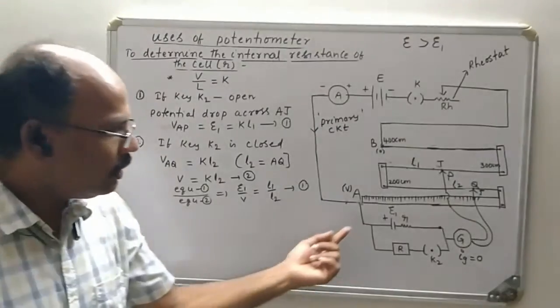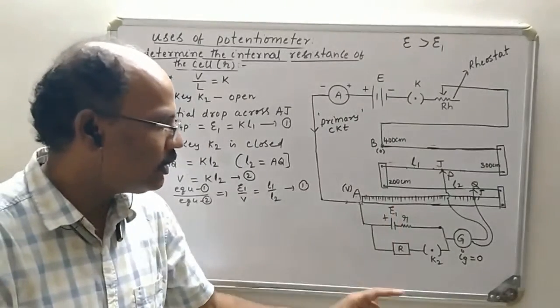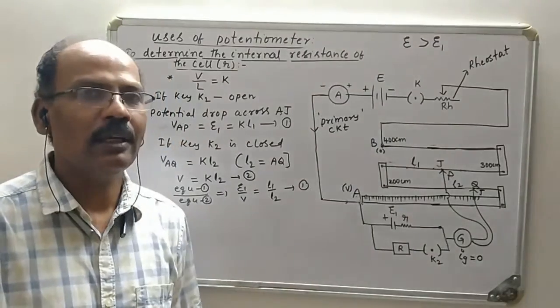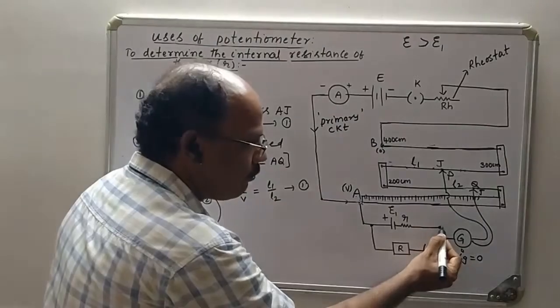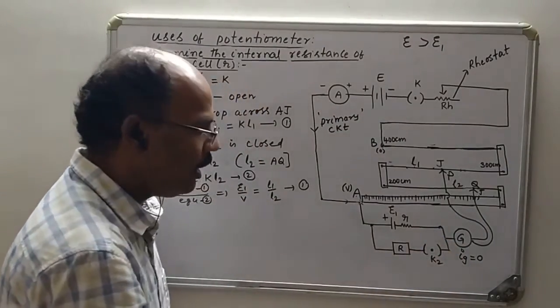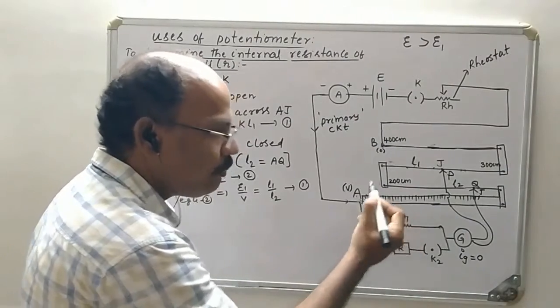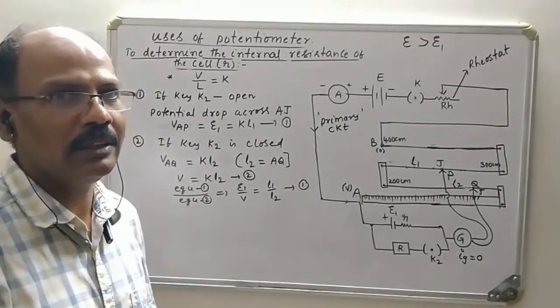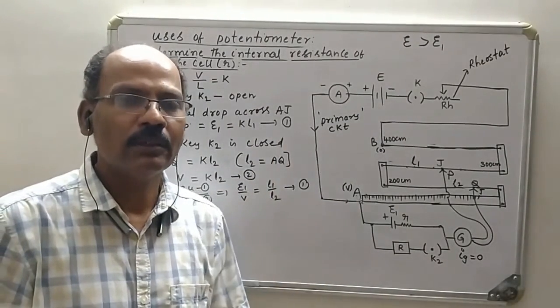We know the relation between the terminal potential difference, internal resistance, and the external resistance. So the terminal potential difference V is always less than the EMF of the cell, being the EMF minus the drop across the internal resistance. Already we discussed this in the previous topic.